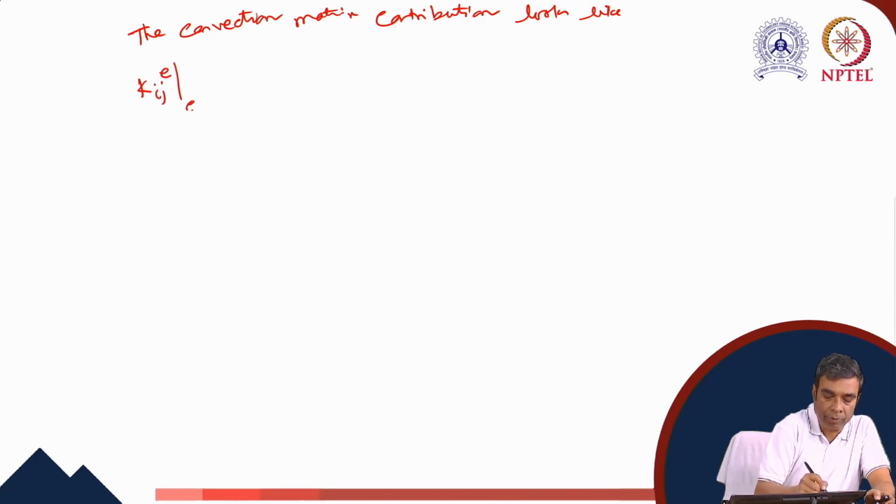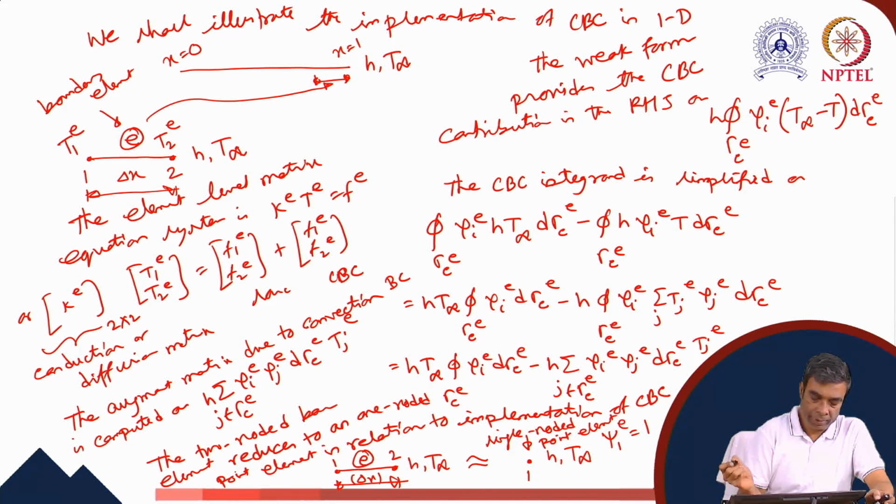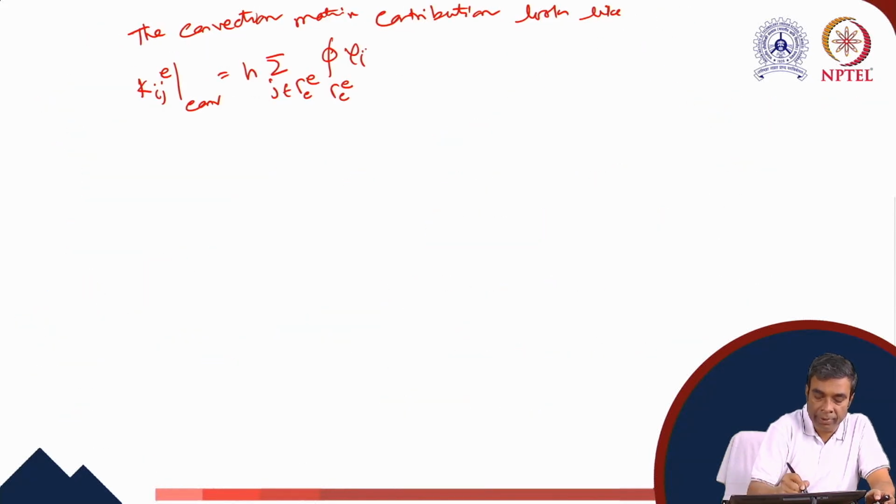k ije convection equals h summation over j belongs to gamma ce, integration over gamma ce. This is the boundary integral of psi ie psi je d gamma ce.